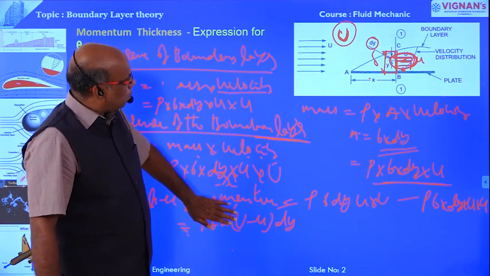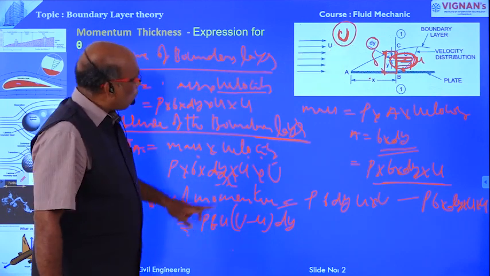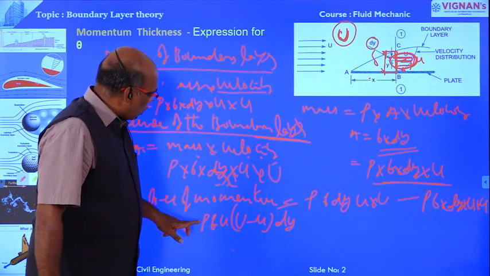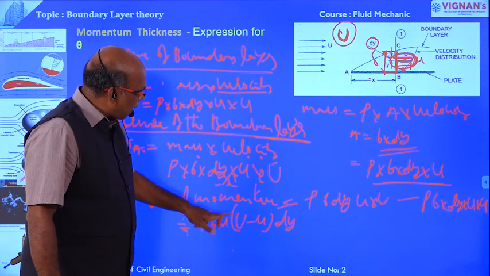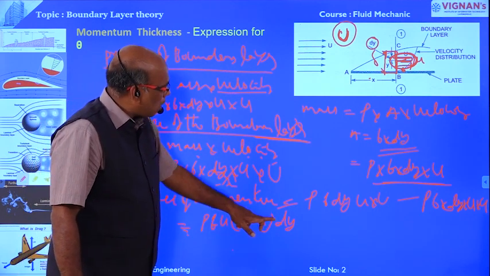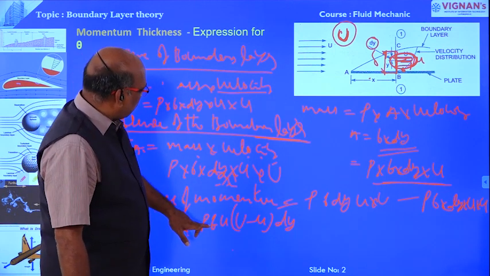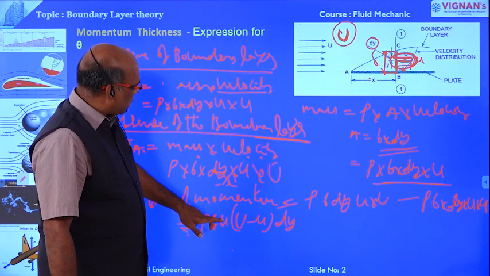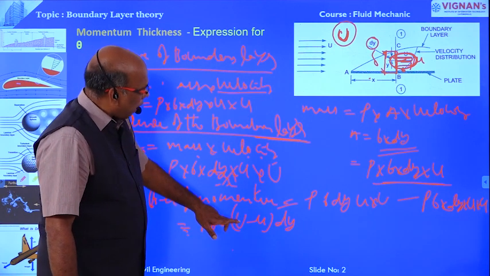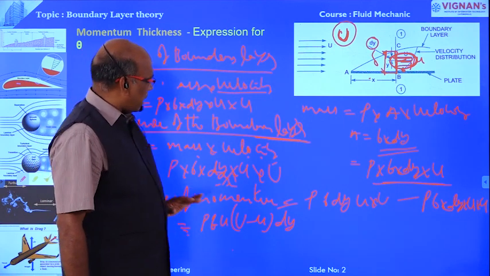The loss of momentum because of the boundary layer over the strip is rho b u (U minus u) dy. Rho is the mass density of the flowing liquid, b is the width of the strip, u is the velocity over the strip, and capital U is the free stream velocity.